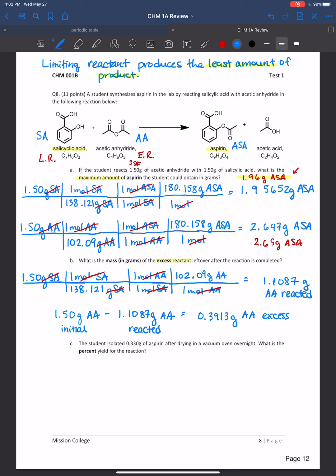Now remember, this is subtraction, and when we do subtraction, we report our final answer to the fewest decimal places. And so in this case here, you would report your answer as 0.39 grams of acetic anhydride in excess.